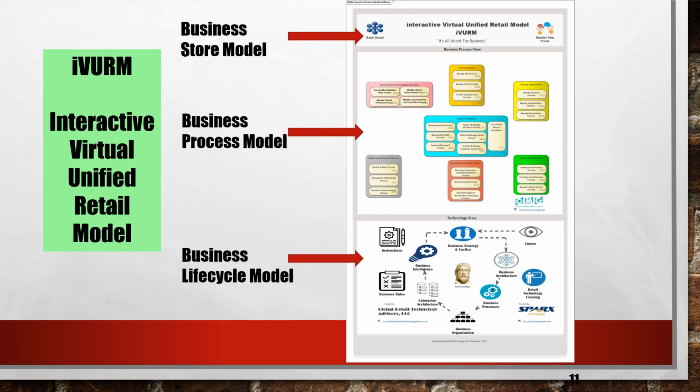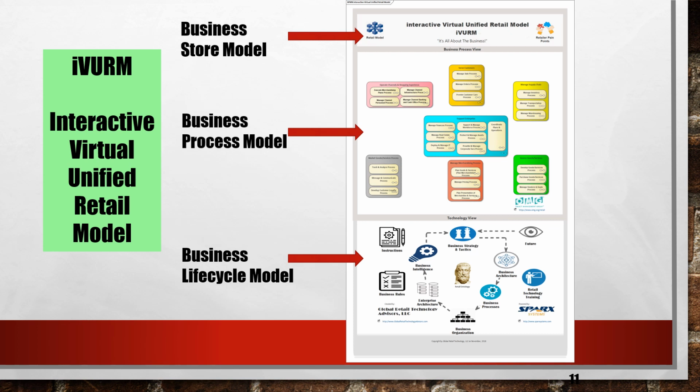This is the granddaddy of all of that work. This model integrates all of the information that you see in the previous slides into one interactive model. In 2015, the Association for Retail Technology Standards, now under the omg.org world, produced a business process model, which is an interactive model where you can drill down and see the various processes supporting each of these areas.